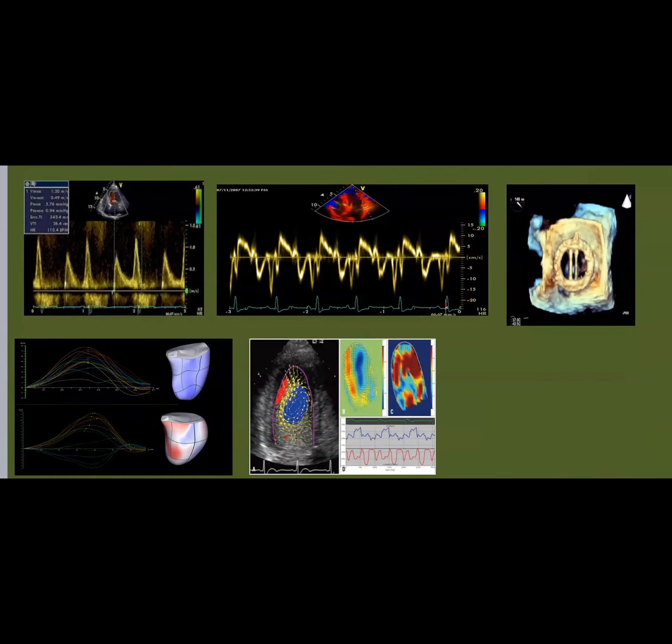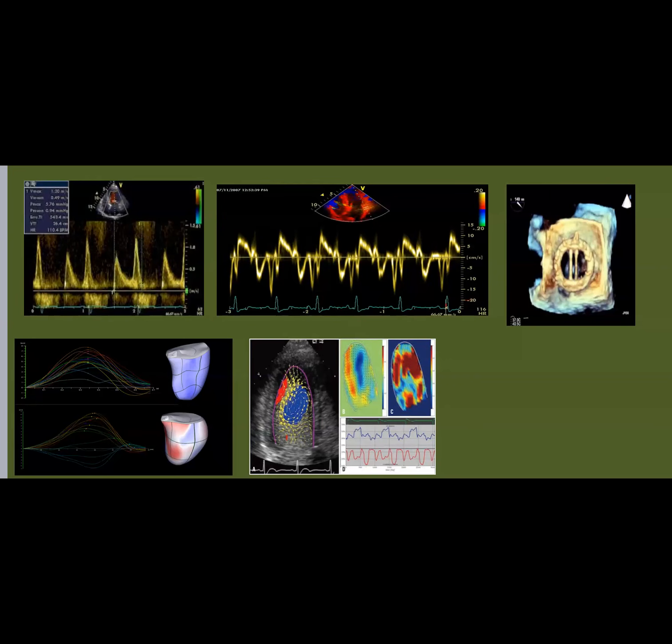This vortex technology of echo is probably the newest of all technologies, and it is going to map out the flow inside the chamber. So instead of talking about the morphology of the wall, we are talking about the morphology of the flow itself. So how the flow is mapped out inside the chamber tells us about the effect of any problem.